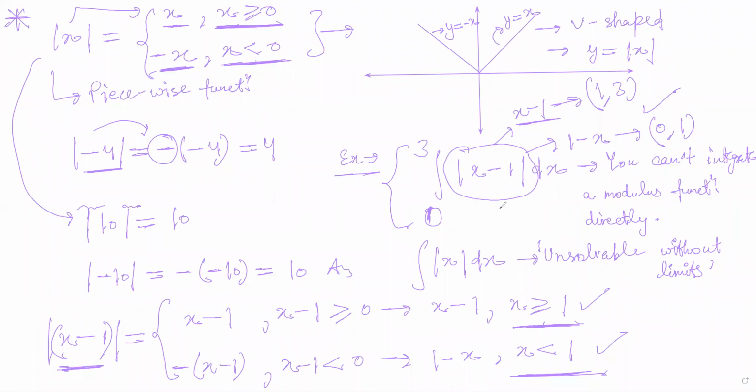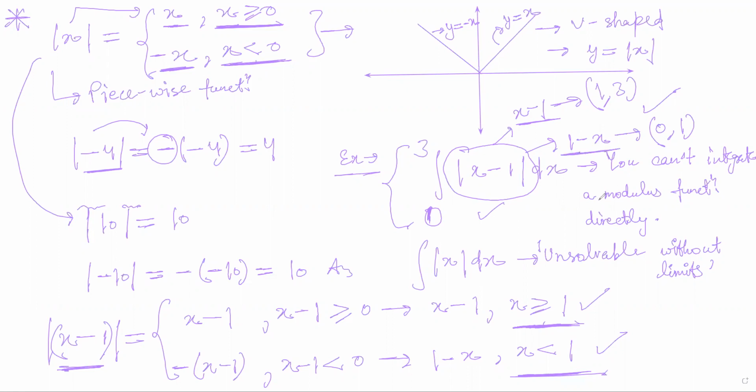And now how would you break this limit? You know the answer. How do you break this limit from 0 to 3 to integrate this? 0 to 1 and 1 to 3. Yes, correct, because there are two possible values of this function.